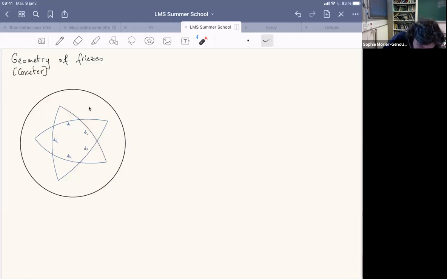And what you need to know is that here, everywhere we have right angles. I would write this symbol to mention that these are right angles. And the pentagram, the picture, is determined only by this triangle. If you start with this triangle, there is a unique way to extend the triangle to have this picture.